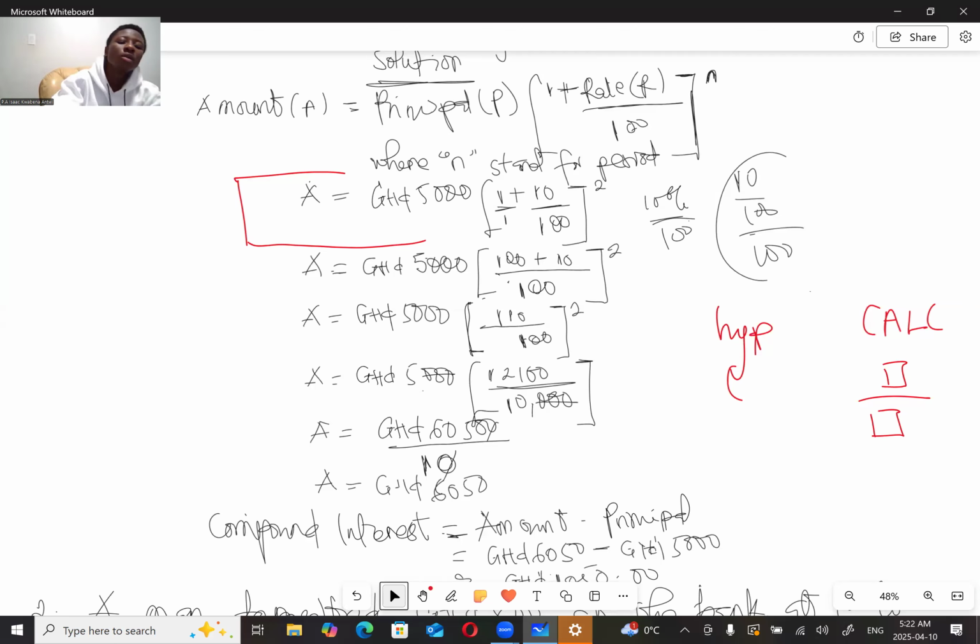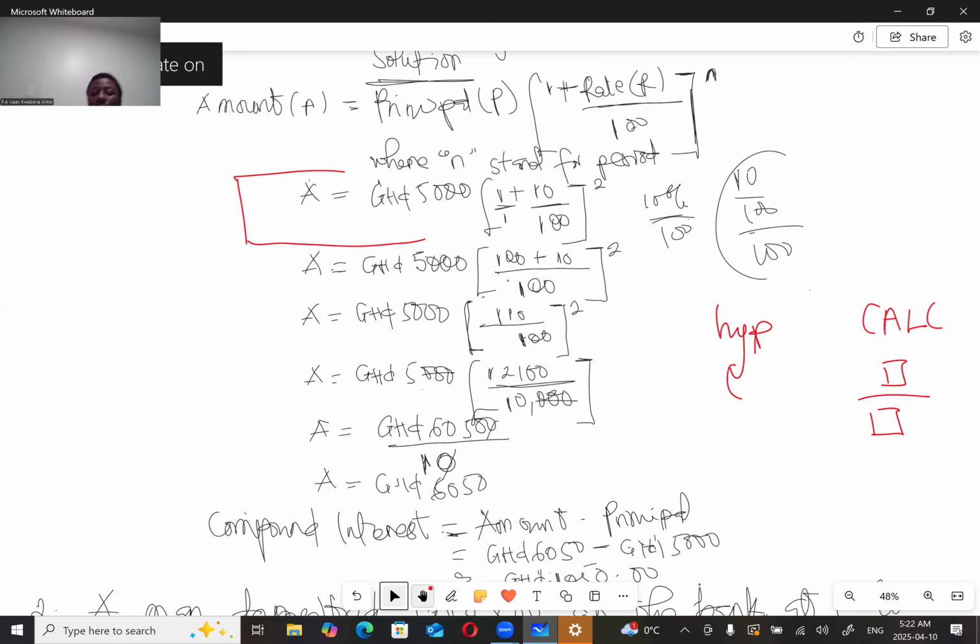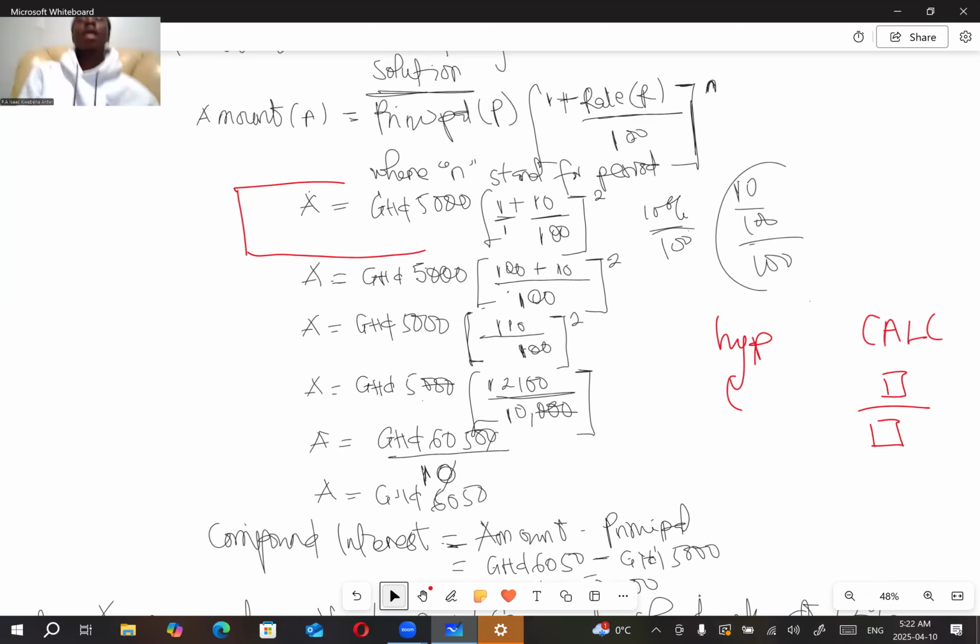Okay, so this brings us to the end of today's lecture. You use all the time, but don't go yet. On our next meeting, I'm going to discuss how to use this formula to solve questions where you will be told that at a point in the conversion period, the person came to withdraw some amount of money or came to add some amount of money.